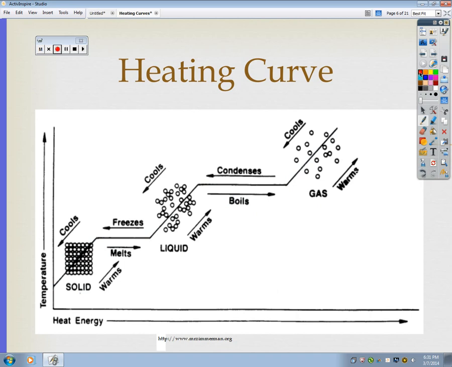Let's look at energy. On these plateaus is potential energy. Plateau energy, potential energy. Overcoming attractions between molecules is what's occurring.